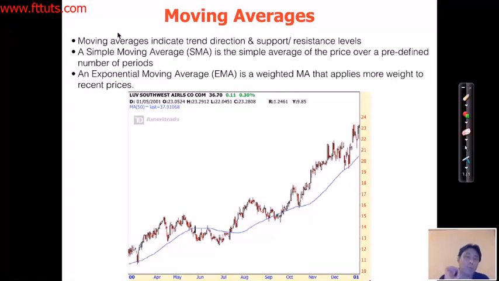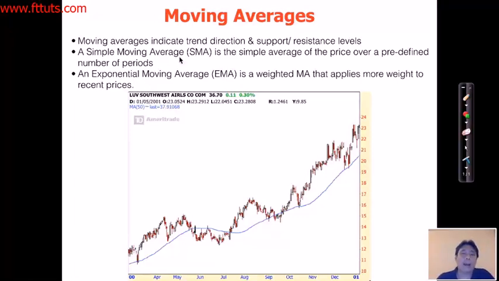So why are moving averages really powerful? Because these lines indicate, number one, the direction of the trend. Number two, they also act as strong support and resistance levels. Okay? There are two kinds of moving averages. You have the simple moving average and the exponential moving average, the SMA and the EMA.